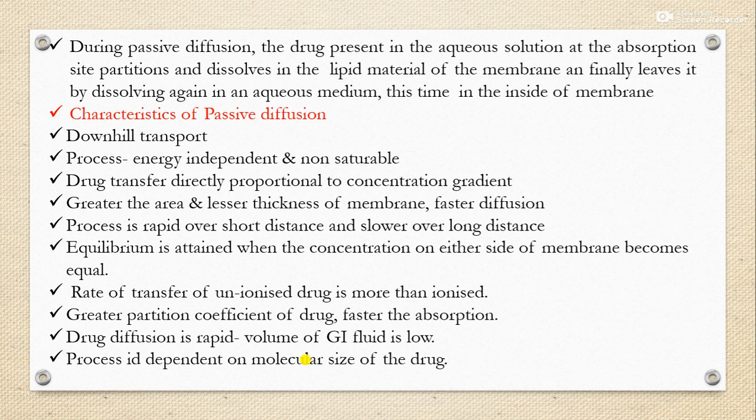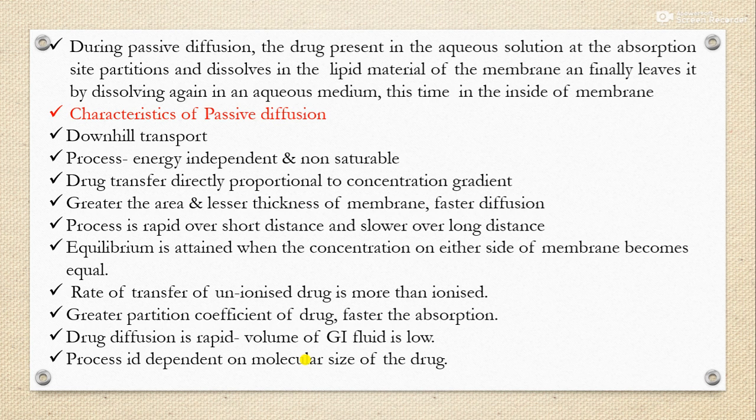So in passive diffusion, first of all, it is a downhill transport. It is energy independent and the process takes place via the concentration gradient that exists between the GI membrane and the plasma. Greater the area of membrane, lesser the thickness of membrane, faster will be the diffusion.